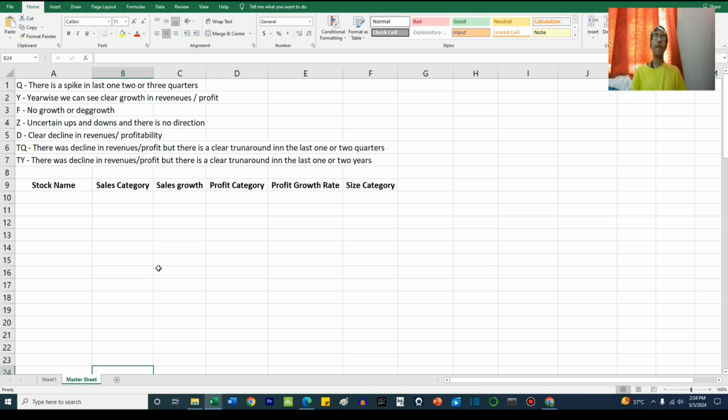Certain companies have clear growth patterns. If you look at a sequence of 10 years, you will see the company growing sequentially in a very smooth pattern. For example, an Infosys or a TCS. You can see a clear, smooth growth pattern from lower numbers to higher numbers in a very gradual and definitive way.